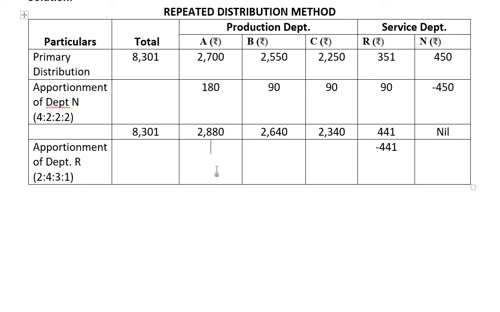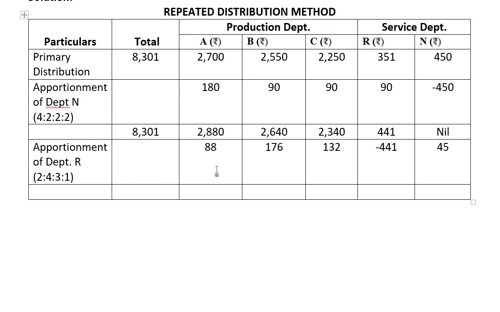Now let's see how much will be distributed among A. A will get ₹88, B will get 176, C will get 132, and N will get ₹45.